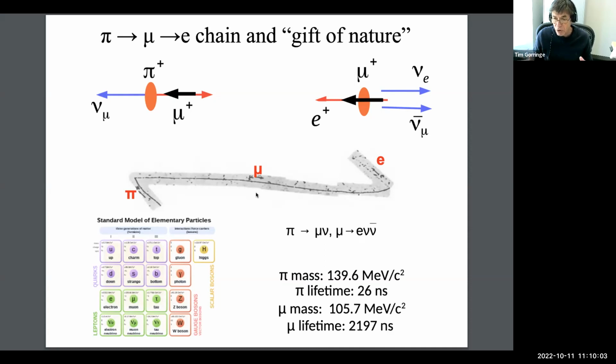Now, I'm going to show you my code for calculating just the first step in this decay, pions decaying to muons. And then in the associated assignment, you'll calculate the two steps in this decay, pions to muons and then muons to electrons.